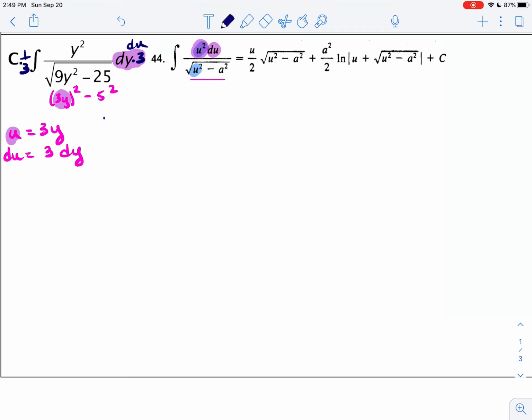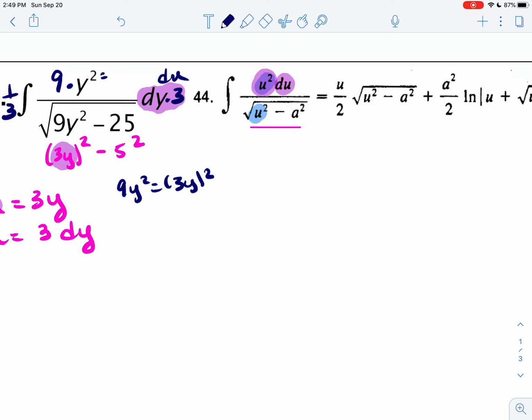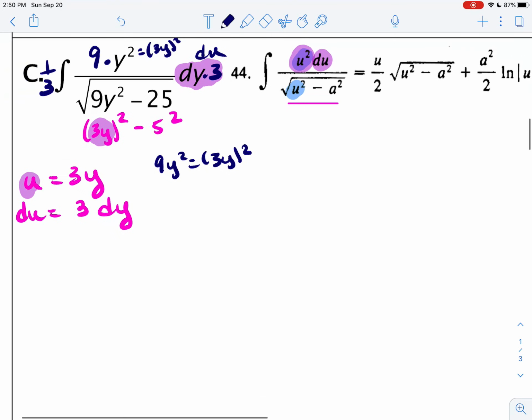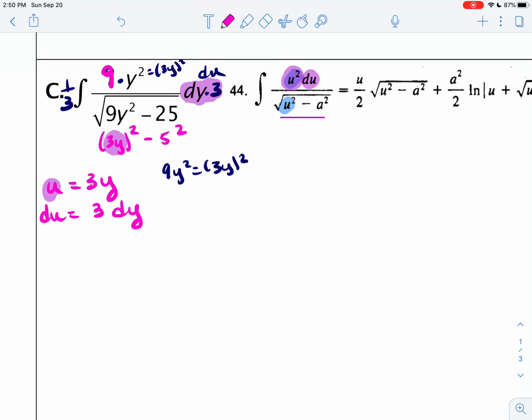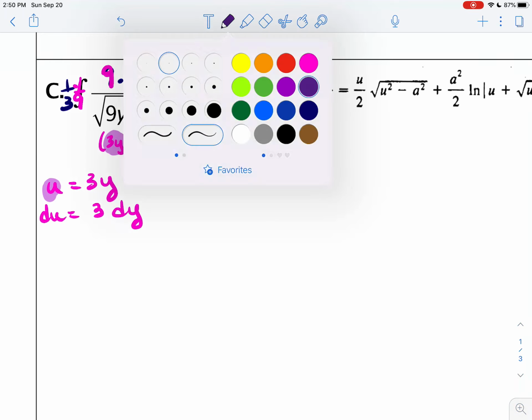I have a y squared up at the top, but I see that 9y squared does equal (3y) squared. So if I multiply by a 9 here, I will be able to replace that with (3y) squared, and that's going to be a u squared, right? So if I multiply by 9, I'm going to need to divide by 9 as well on the outside so that I'm only multiplying by a 1, right? 9 divided by 9 is 1.